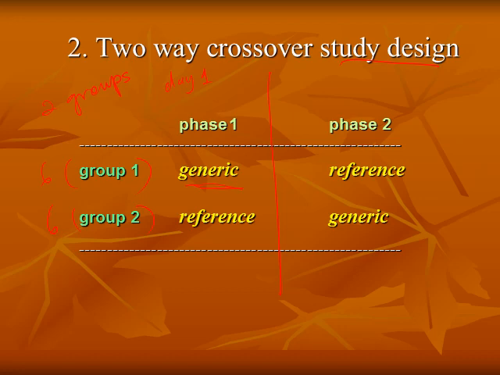Then group 2 takes the reference product, then their blood plasma is collected and analyzed for the active drug continuously for 24 to 72 hours.